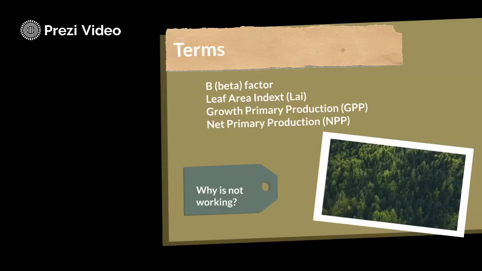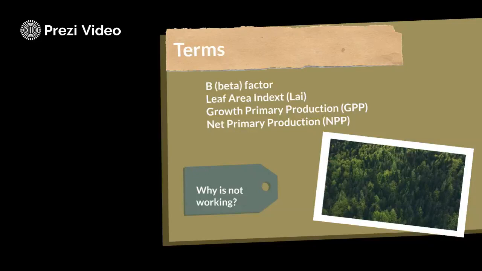Now, let's get into some terms. There are a few terms we need to understand. First is the beta factor. The beta factor generally is used to characterize the plant response to increasing CO2 concentration. Scientists have found a robust decrease.